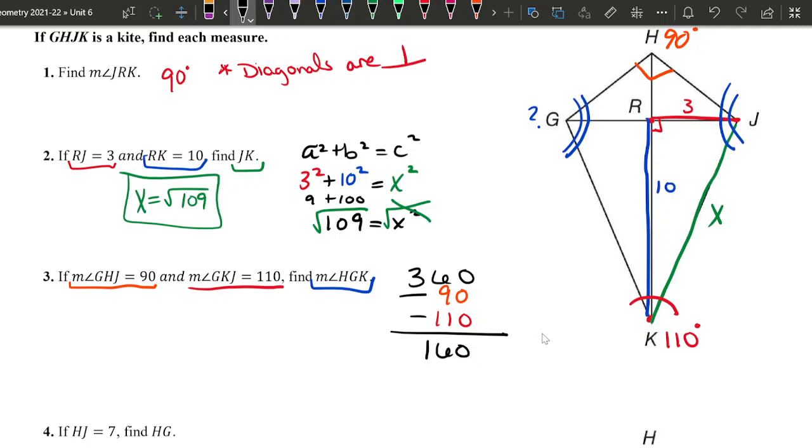And I know those 2 angles have to be exactly the same. So what should I do with it? Divide it by what? 2. So I'm splitting it exactly in half. So each one of them is 80 degrees. So now it's all even, right? Because that uses all 360 degrees and it matches the properties. So HGK equals 80 degrees.